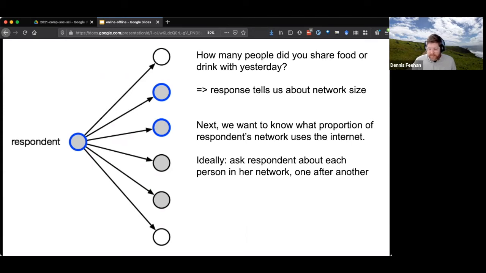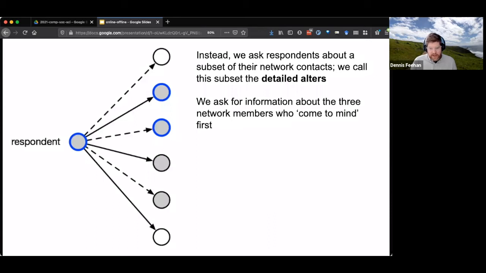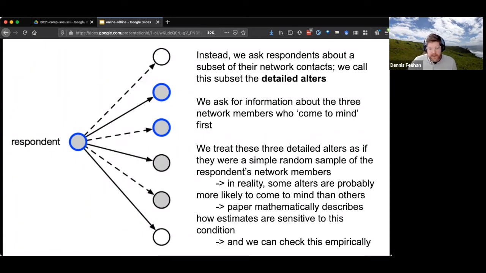And so we're going to ask people to select the first three of their contacts who come to mind, and we're going to call this subset the detailed alters. And we're going to ask for more detailed information about these 3 network members. So in the analysis, we're going to treat these 3 detailed alters as if they were a simple random sample of the respondent's network members, and that's probably not exactly the case.